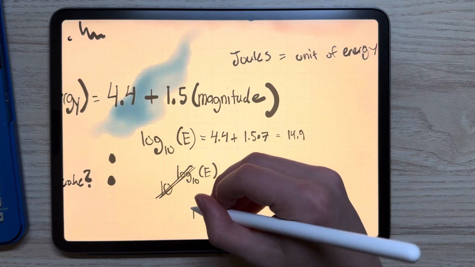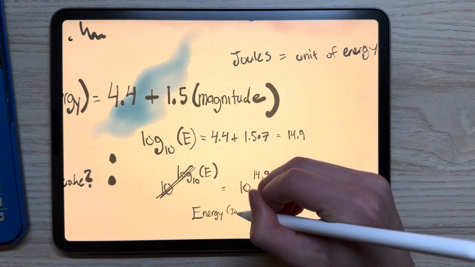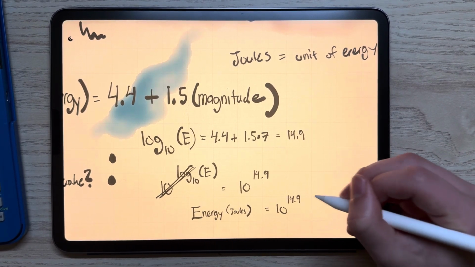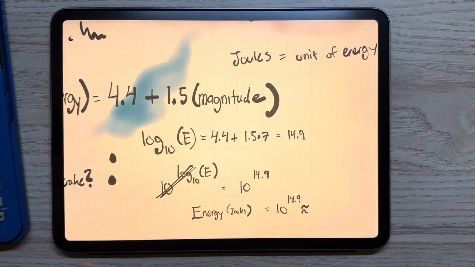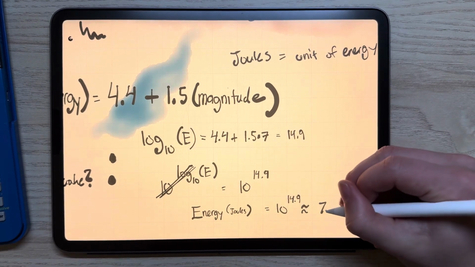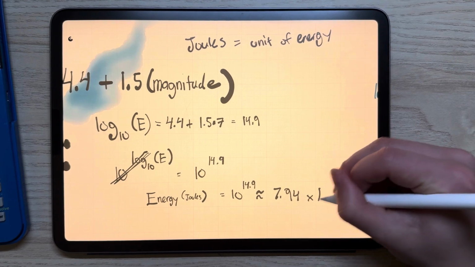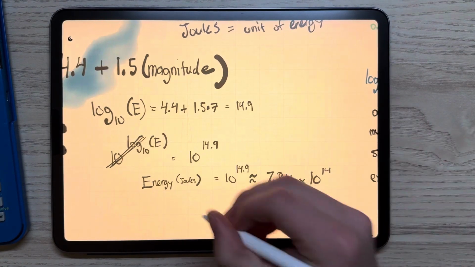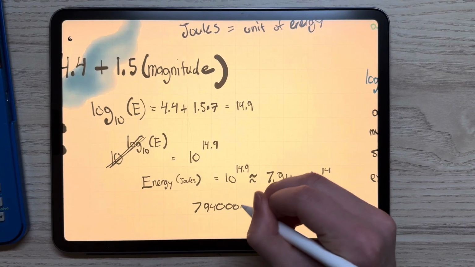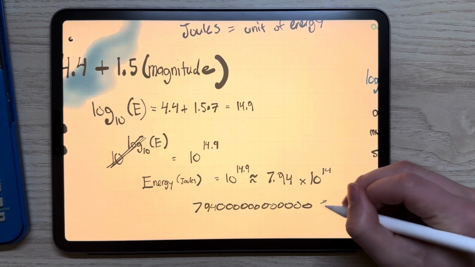So what you're left with is E, or the energy in joules, is equal to 10 to the 14.9th power, which is approximately 7.94 times 10 to the 14th, or 7.94 followed by 12 zeros, joules.